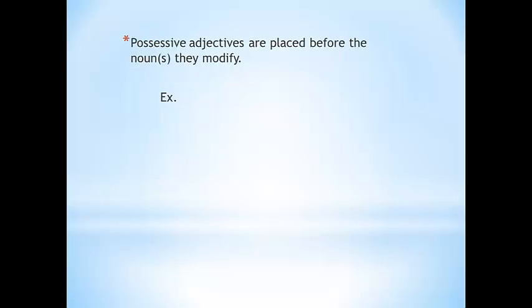Oops, I wrote that in the wrong spot, guys. I'm sorry. C'est mon père. Okay, so you have your possessive adjective coming right before the noun it modifies. My dad.